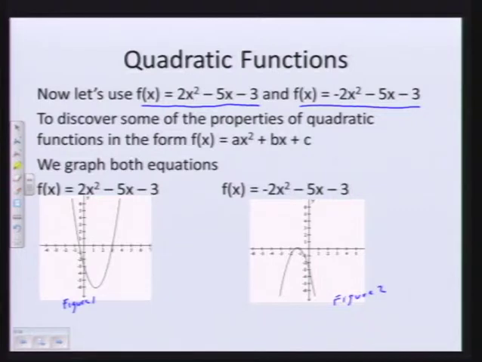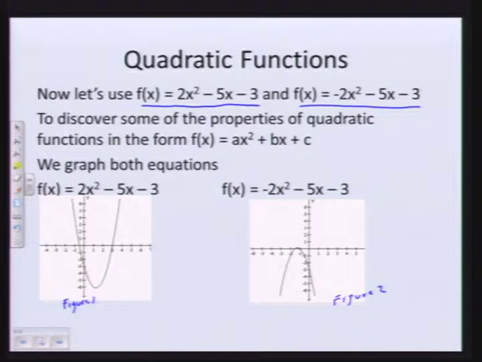Now let's describe what happens. Notice that in figure 1, we have a graph that's opening upward. Looks almost like a little bit of a cone there, right? Not quite a cone because it's two-dimensional here. It's not truly a cone. But what we have is a parabola opening upwards, and that's the definition. It goes through some points there.